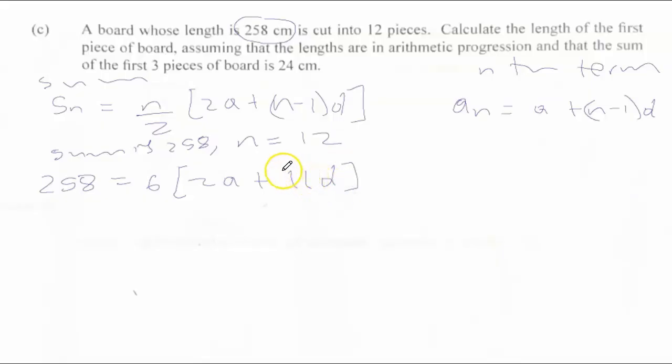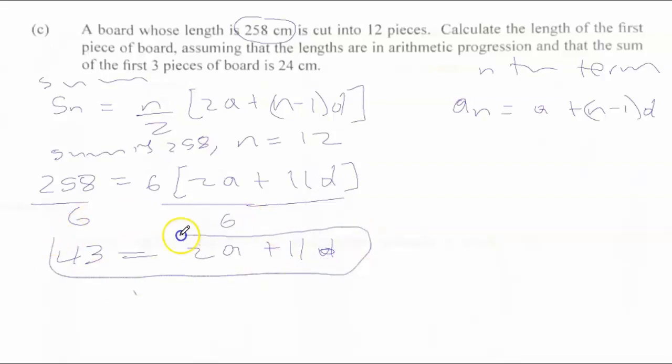We can reduce this equation by dividing both sides by 6. We'll end up with 258 divided by 6, that's 43, and 6 into itself leaves 1, so it's just 2a plus 11d. So that's one equation, and that's from the first sentence.